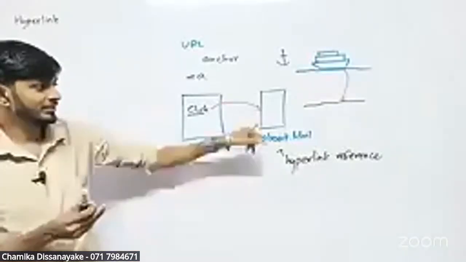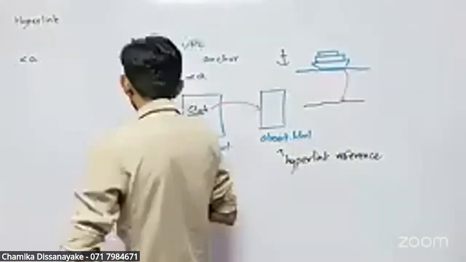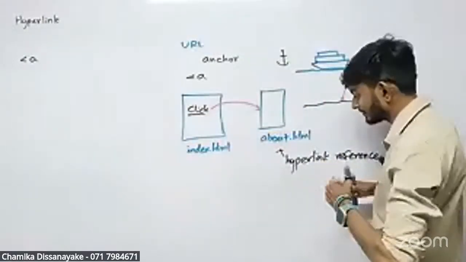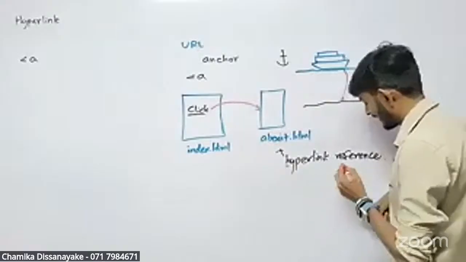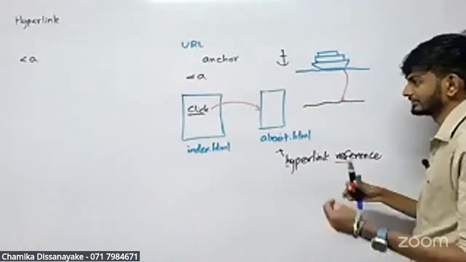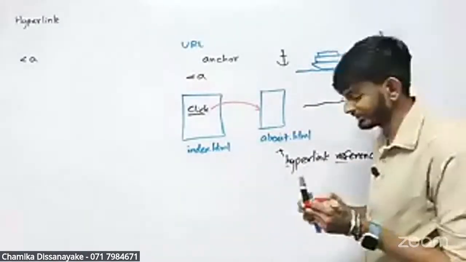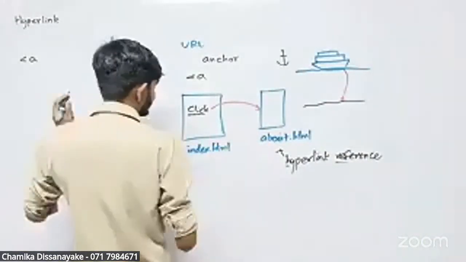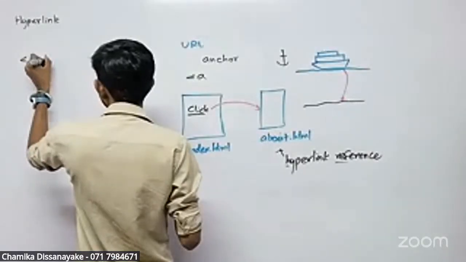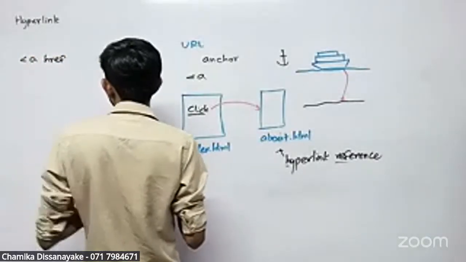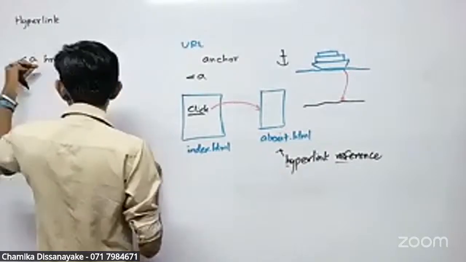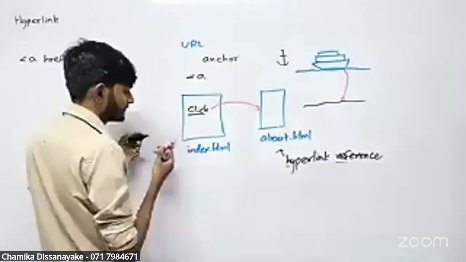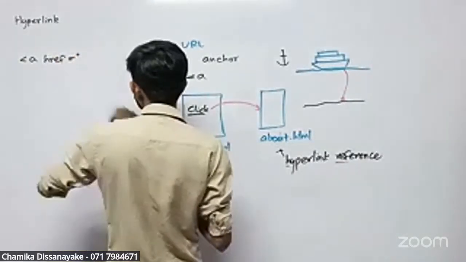So we are going to use this hyperlink reference like this, H and REF. The meaning is hyperlink reference. We can remove several letters and write href. Anchor hyperlink reference should be an address. So here we are going to put the address.